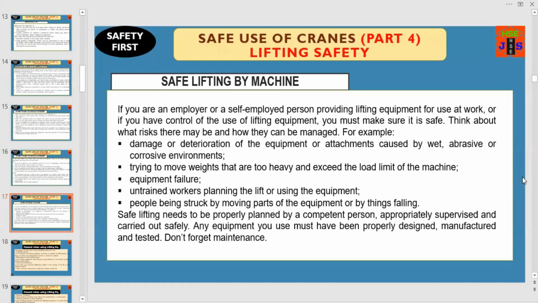Safe lifting needs to be properly planned by a competent person, appropriately supervised, and carried out safely. Any equipment you use must have been properly designed, manufactured, and tested. And lastly, never forget maintenance of the lifting equipment.